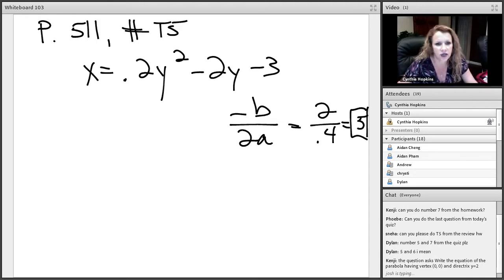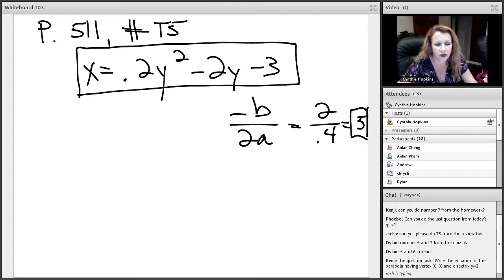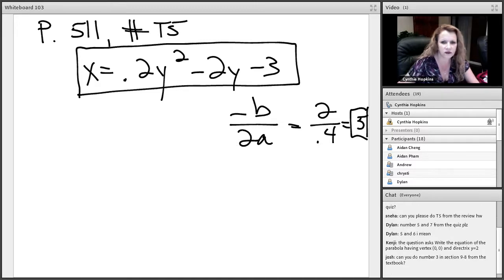You're going to plug it in for y and figure out what x is. So 5 squared gives me 25, times 0.2 is 5. Then I have minus 10 minus 3, and that gives me negative 8. So my x is negative 8, while my y is 5.